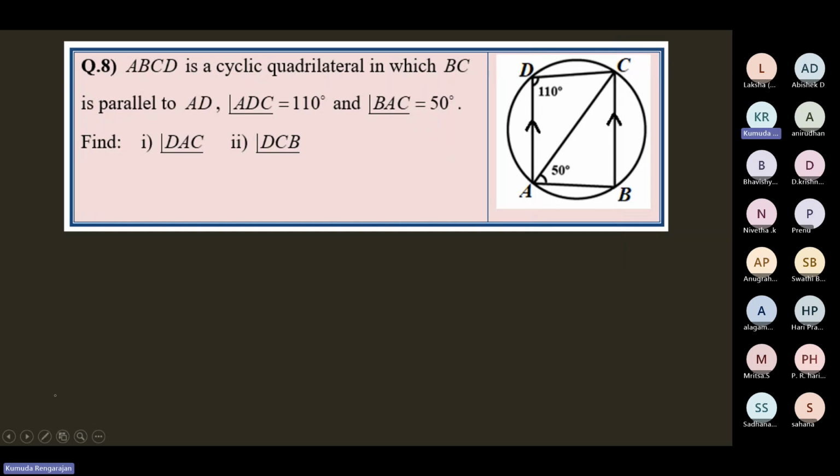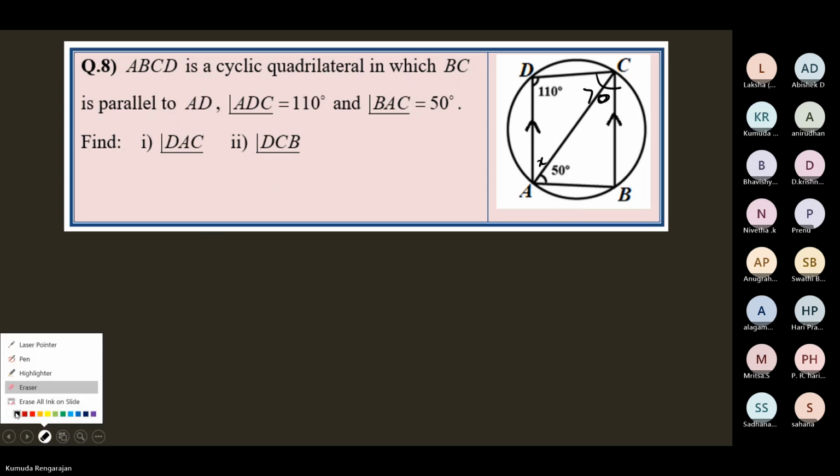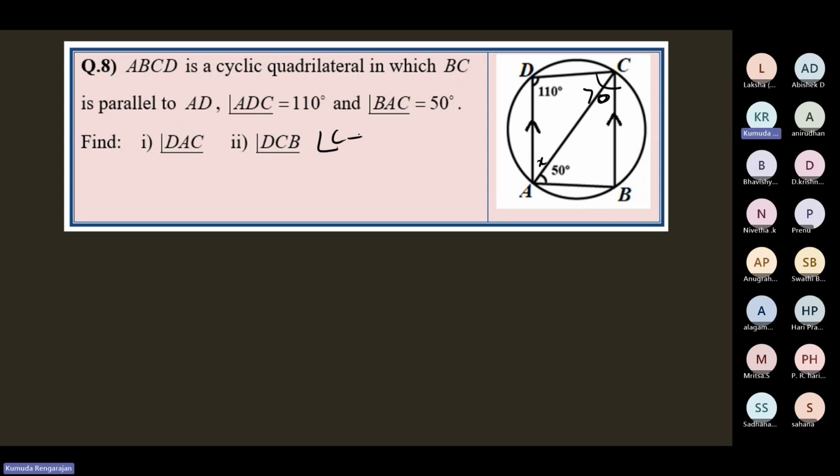Now we have to find this angle DAC. Let's just call that X. We got this is 70. In a cyclic quadrilateral, opposite angles are supplementary. So the whole of angle C plus the whole of angle A is equal to 180, because ABCD is cyclic.